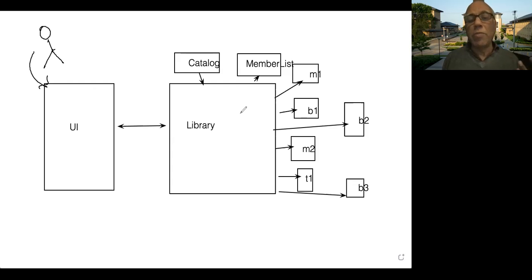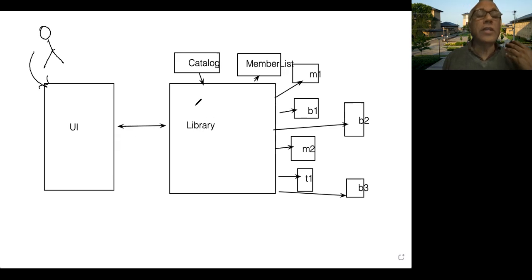Maybe you add a member and the library says, okay, I added the member. The UI might say, add all these books. The library would say, okay, add it. Then the UI would say, issue books. The library would say, okay, I have issued all these books. So there are well-defined operations here to carry out the business processes. So you have add book, add member, issue book, place hold, remove hold, return book, and so on.